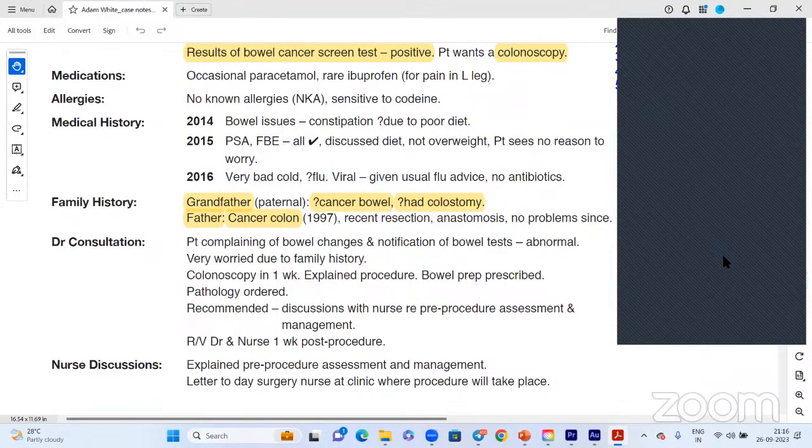Or, in addition to refraining from alcohol consumption, smoking cessation has been recommended. Or you can say, besides refraining from alcohol consumption, smoking cessation has been recommended.